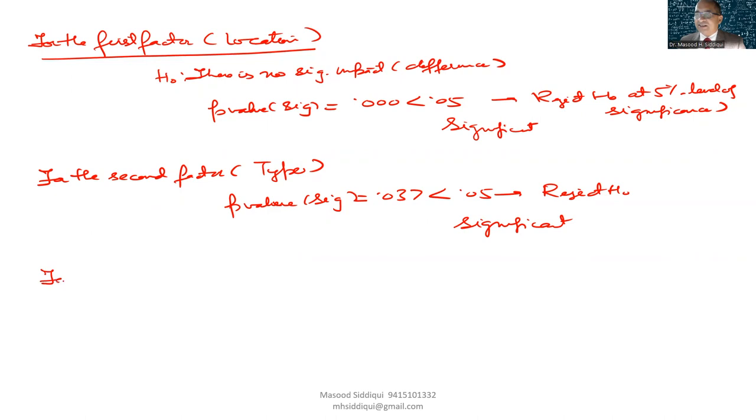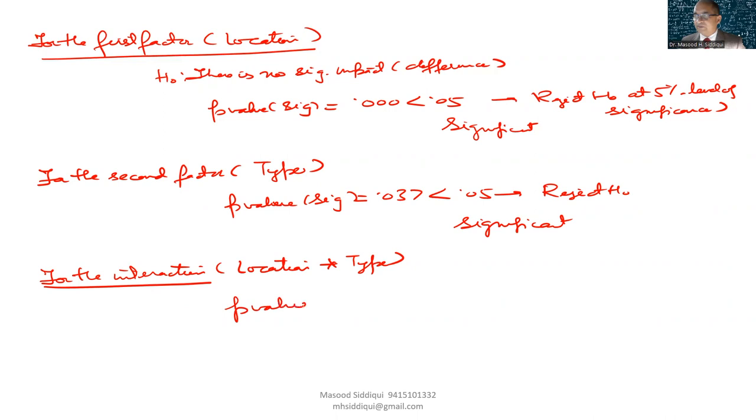And for the interaction, that is A into B, location into type, we have the p-value of the significance as 0.724, which means we do not reject H0.